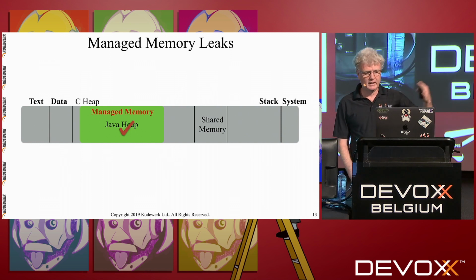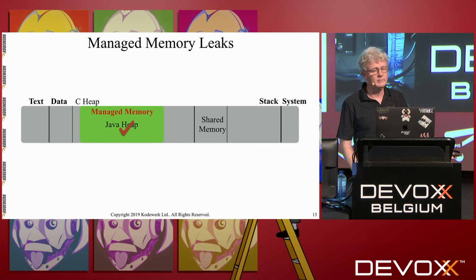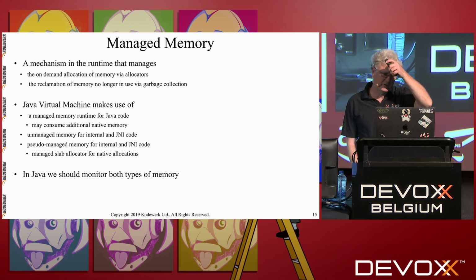So we're going to have allocators that are going to allocate into here. We're going to have garbage collectors trying to clean this thing. And if there's a problem, then we can consume all of this data structure, and of course, we will run out of memory. As I mentioned before, the mechanism in the runtime that manages this is on-demand allocation.